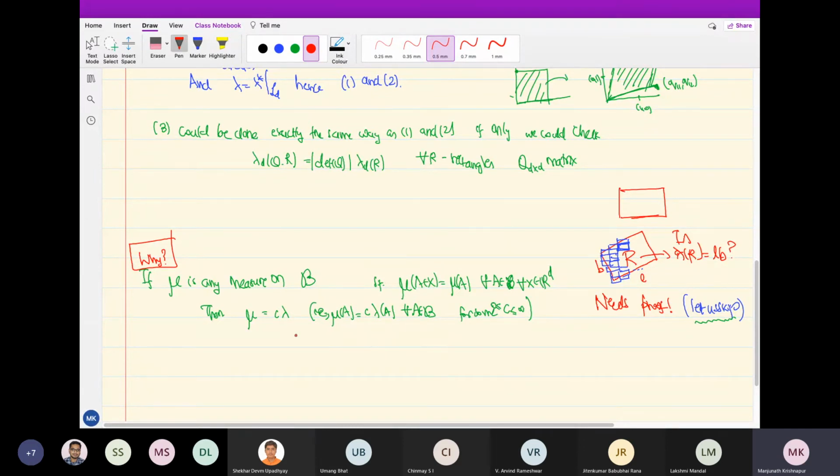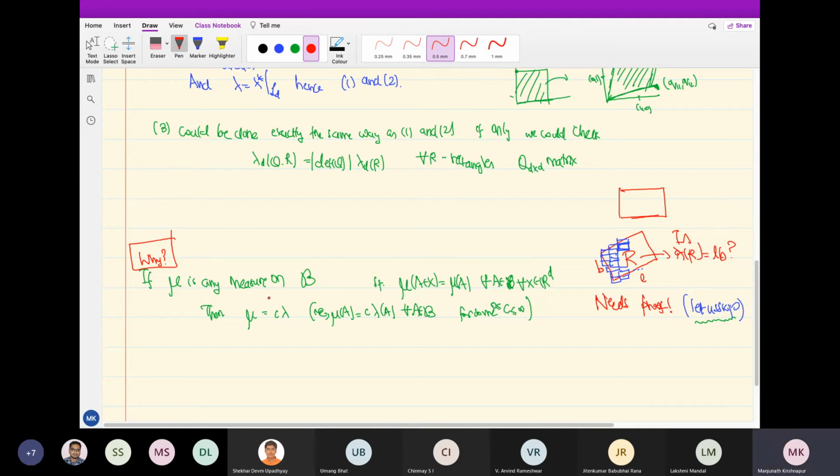So pi system and lambda system is another class of things. A pi system is a collection of sets which is closed under finite intersections. So for example, the collection of left open, right closed intervals forms a pi system because if you intersect two of them, you get another one of the same kind. So there are pi systems and there is something called a lambda system. One can use them in place of monotone class and algebra, but it's equivalent actually. You don't need to. It's enough for you to know monotone class and algebra.